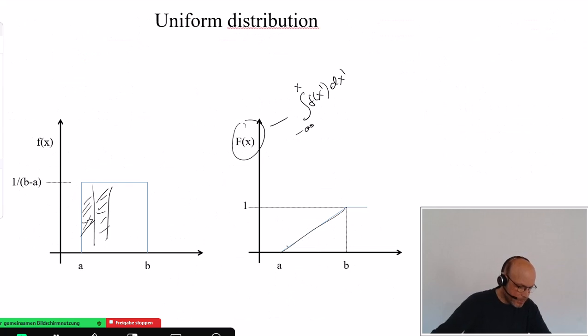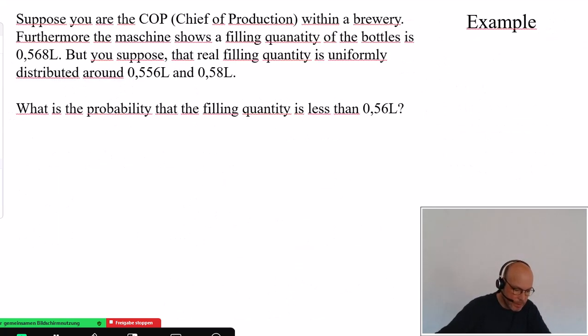So uniform distribution, and there we had also some little example. Suppose you are the chief of production within a brewery, and you see that your machine filling a quantity of the bottles is 0.568 liters.